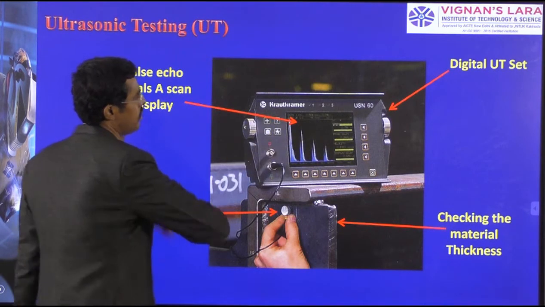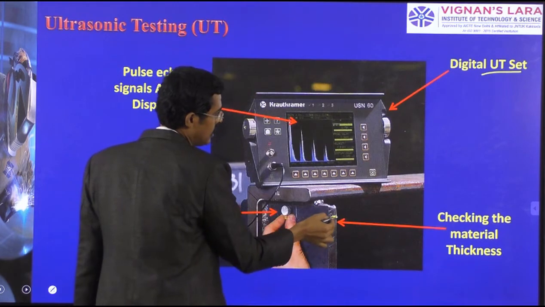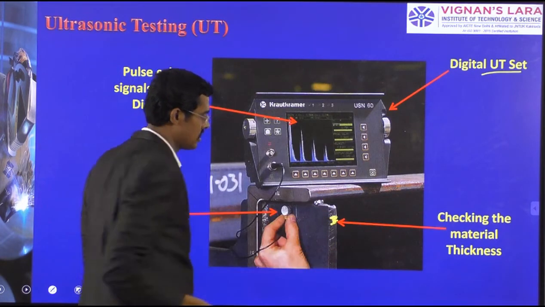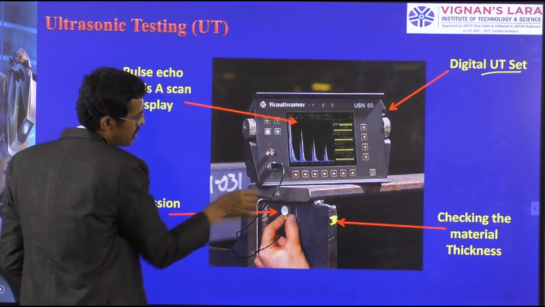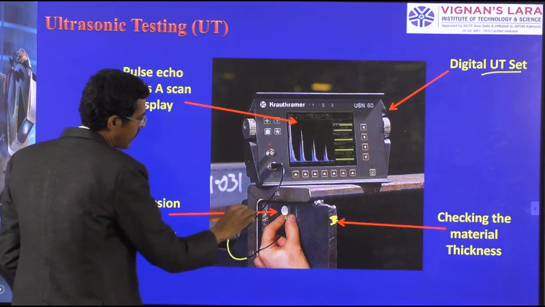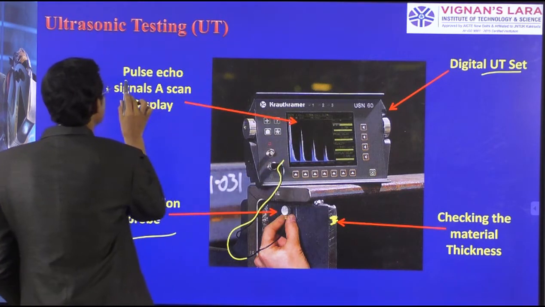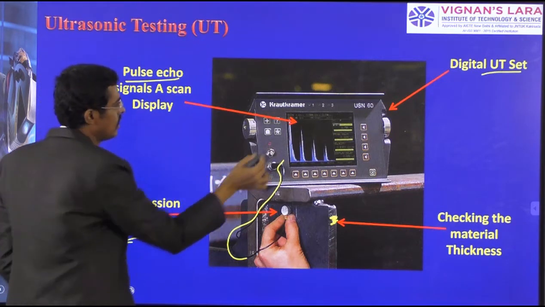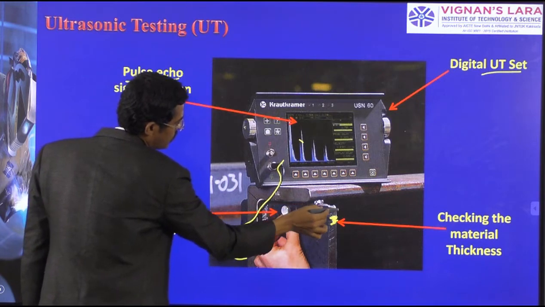So this is the digital ultrasonic testing setup. Here is the material of a given thickness, and we are using a compression probe. The piezoelectric probe is kept here, and ultrasonic waves are passed over the material. It has wire connections through which we can see the peaks in the pulse echo. If a defect is there, the pulse will be less; otherwise the pulses will pass through the total thickness.